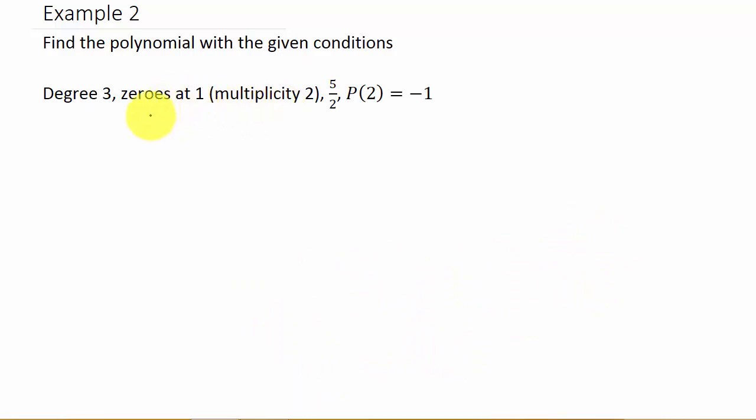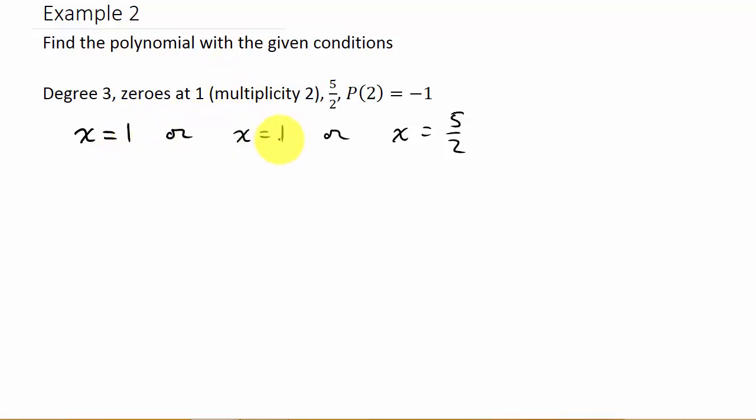Alright, so I have zeros at 1 with multiplicity 2, and I have a 0 at 5/2. So this tells me that I have x equals 1, and since it's multiplicity 2, that's 2 of them, or x equals 5/2. The multiplicity tells you how many there are of the same root.